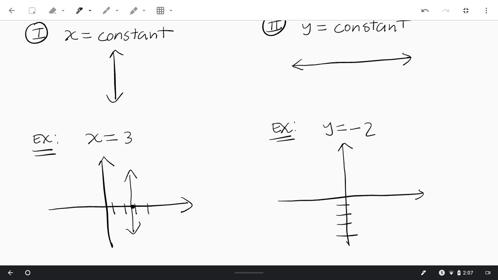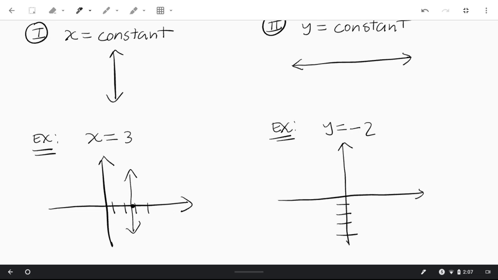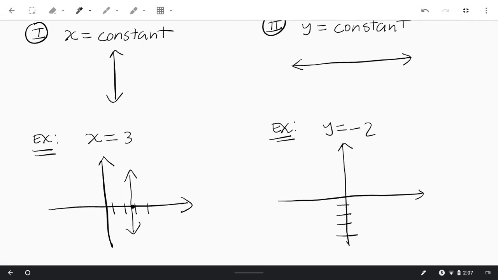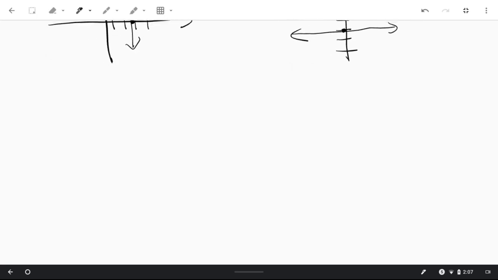Right here at y equals -2, this is where you would have your line. All right, so those are your two special case lines, the vertical line and the horizontal line.